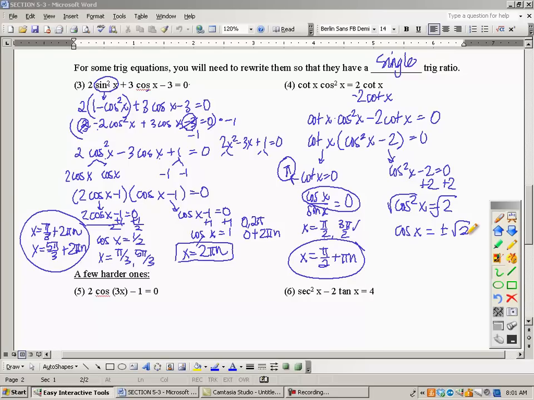If you think about it, cosine values, though, occur between -1 and 1. The cosine of 2 is bigger than 1. And so this is not possible because the square root of 2 is bigger than what the domain of a cosine is. So, cross this thing out. We are done. We only have one solution in this case, pi over 2 plus pi n.